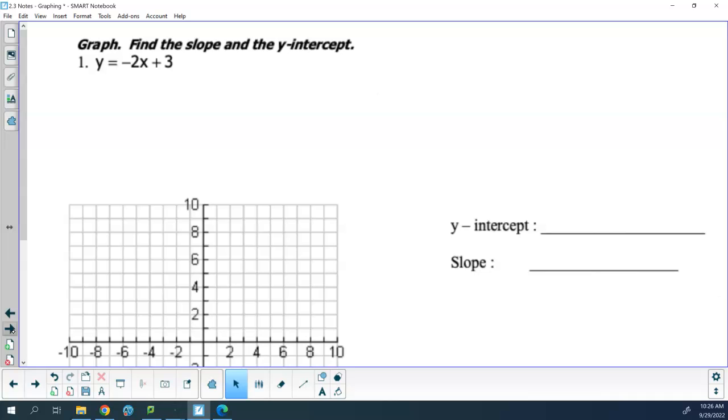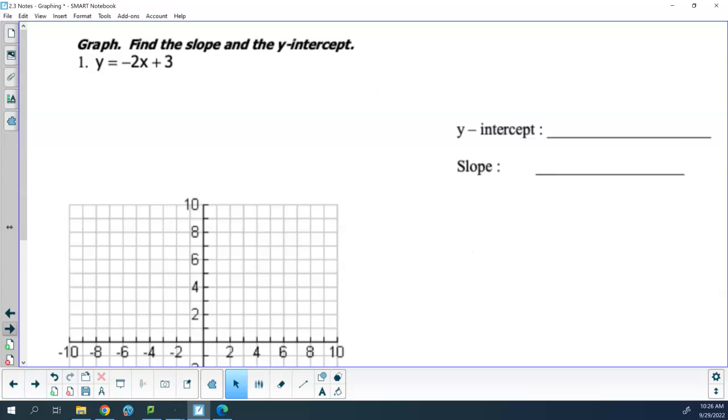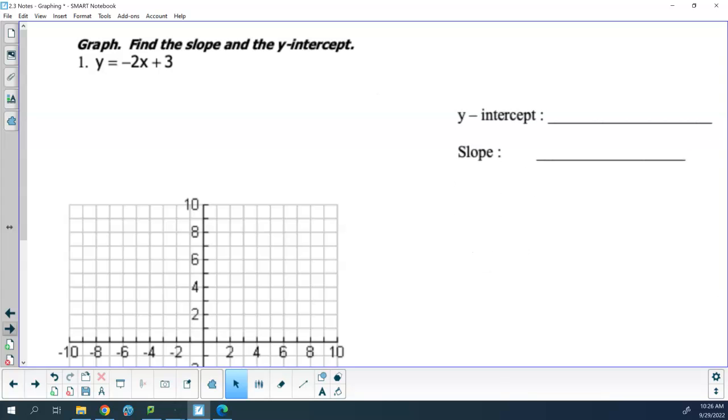Doesn't matter to me. Intercept or t-chart, right? Intercept method? Okay. All right. So if I'm doing the intercept method, then I'm first going to find the x-intercept, and that is where y is equal to 0. So I would say 0 equals negative 2x plus 3.